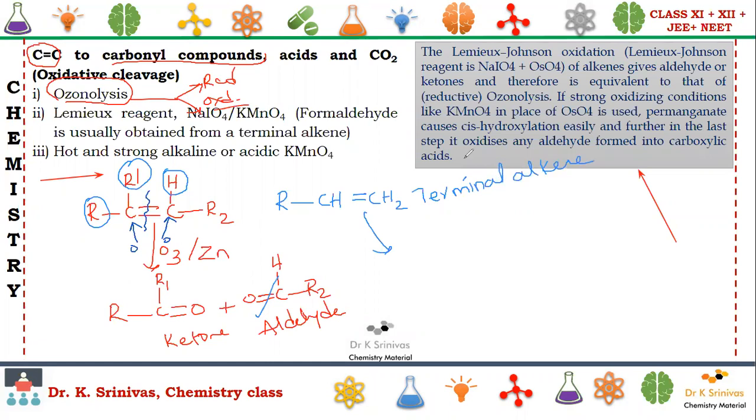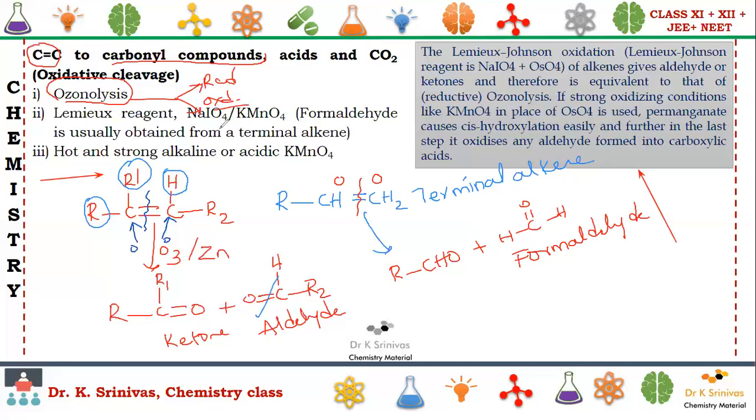In terminal alkenes, you just break this and add O here, add O here. We are not writing the ozonide intermediate directly. We write CHO here plus H C double bond O H. This is nothing but formaldehyde.